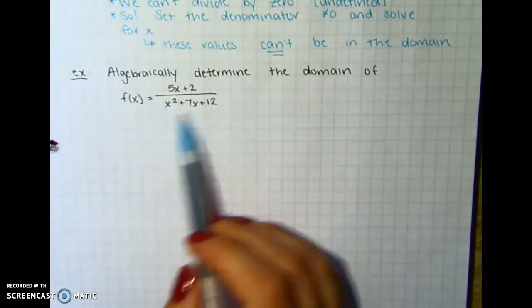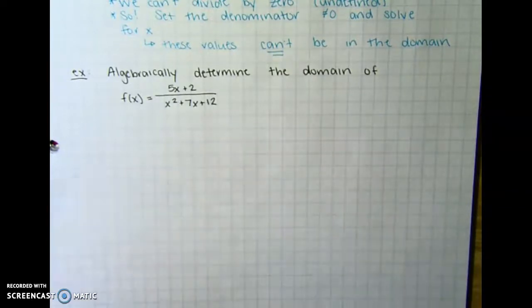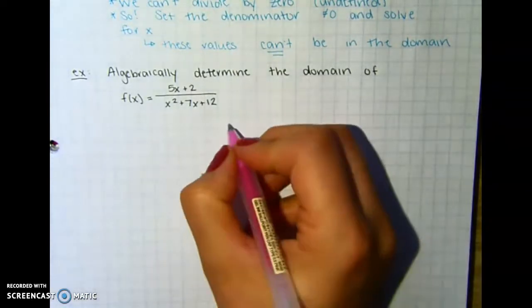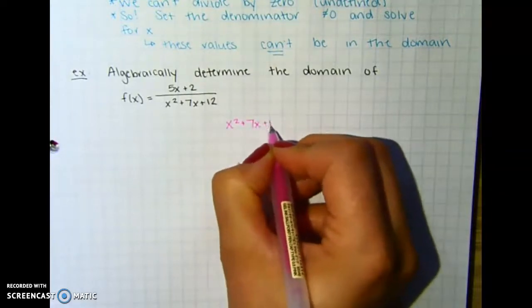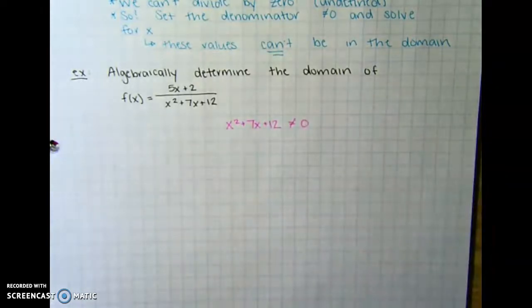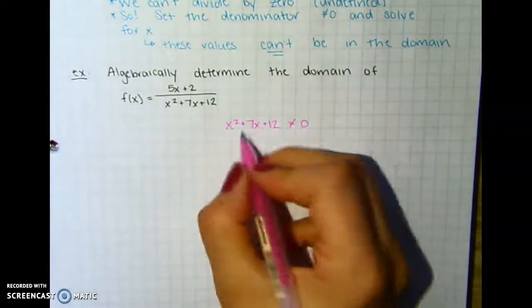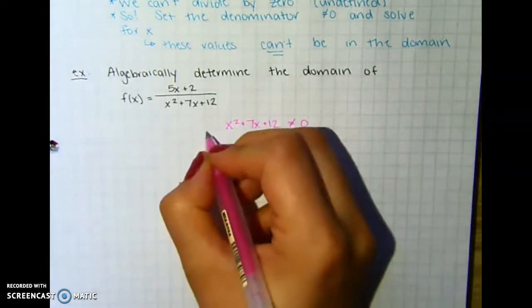So we know that this is a rational function. So I'm going to take the denominator, which can't equal 0, and we're going to solve as if it does equal 0. This is a quadratic, we can factor it. So what multiplies to 12 and adds to 7?